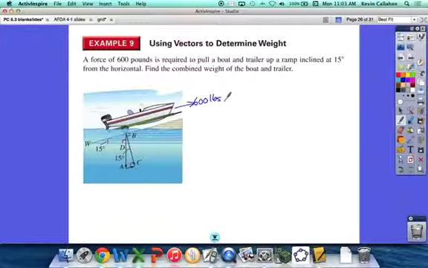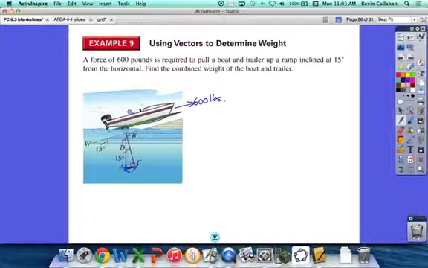Okay, so let's see. What we know is in our triangle here, just like I showed in the last slide, if this is a force that's pulling in that direction to keep the thing from rolling backwards, let's say, then this parallel force right here, which is caused by the weight going down, must exactly balance whatever that is. If that's a 600 going in that direction, that side has to be 600 going in the opposite direction. They're balanced.